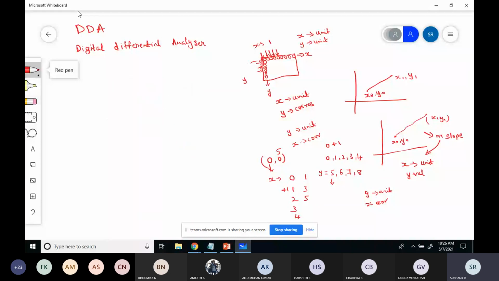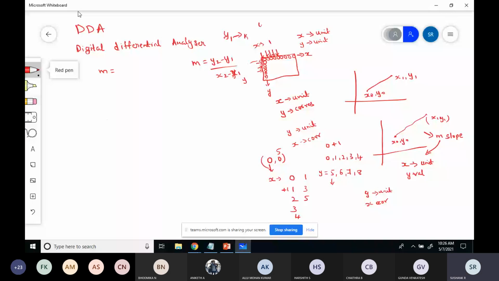Initially, I told you that slope is given by y2 minus y1 by x2 minus x1. So now m is equal to, I'll take this as k plus 1, and I will take y1 as k. I'm replacing y1 with k, which means y1 will become yk. So y2 is similar to y of k plus 1.